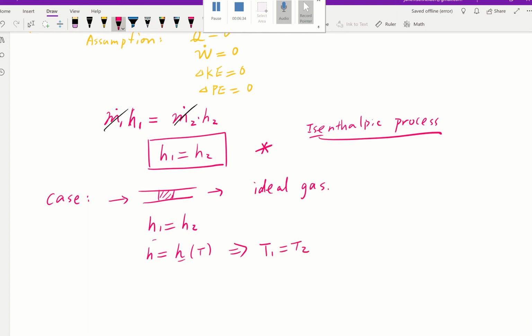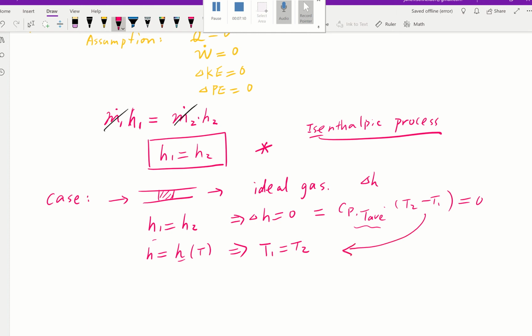The temperature stays constant. Another way to prove this: delta h is equal to 0 since h1 equals h2. And delta h for an ideal gas, remember one of the methods, is Cp at T average times T2 minus T1. If that equals 0, Cp of course is not equal to 0, so the only way to make it 0 is T2 minus T1 equal to 0.